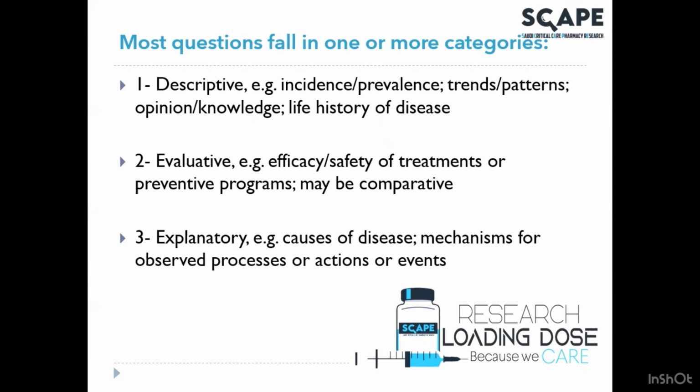While in evaluative research, usually we have to compare between existing and new treatment or therapy. So here we study efficacy or safety of the treatments or preventive programs, and we always have the concept of comparison in evaluative research. While in explanatory research, we study the causes of the disease, and mechanisms for observed processes, actions or events.